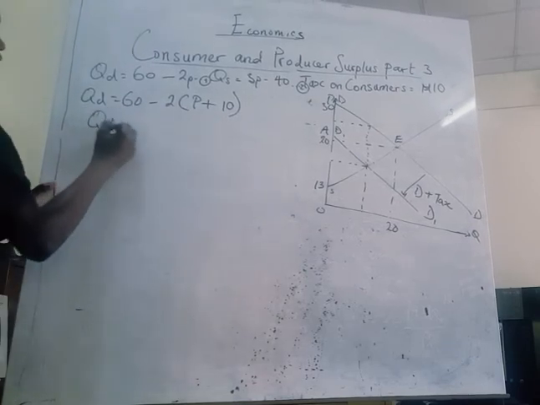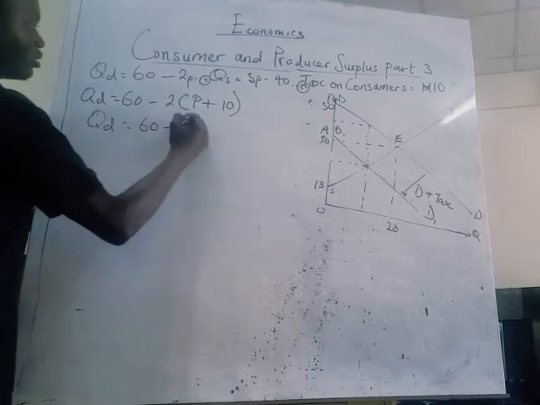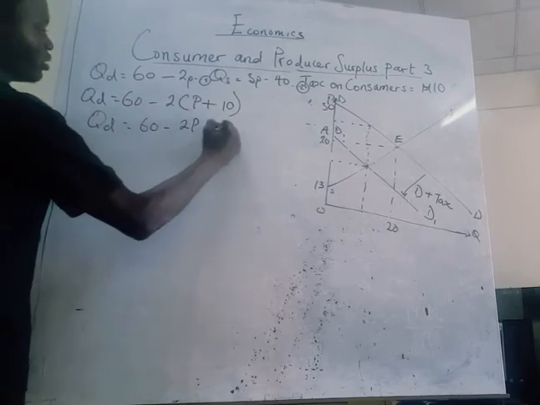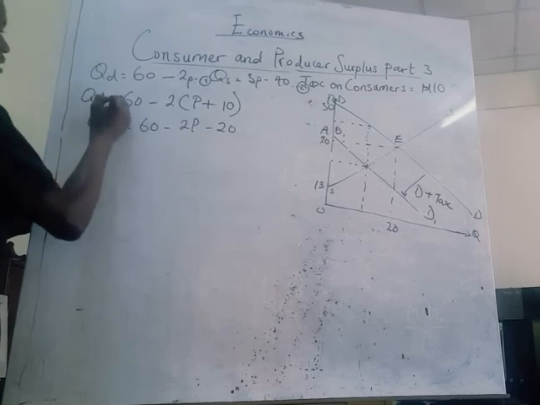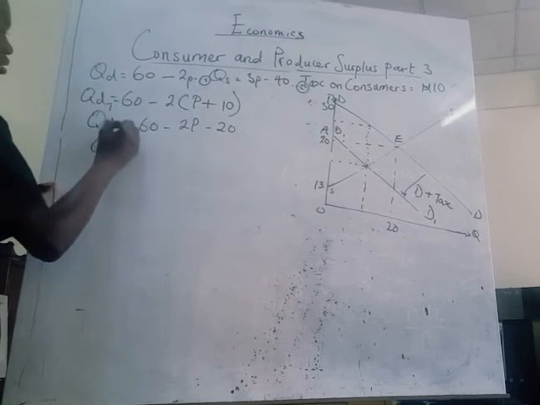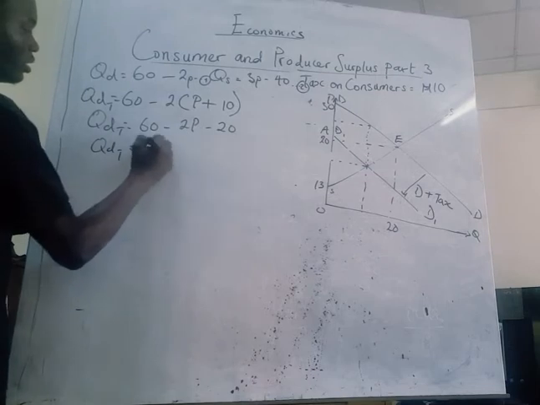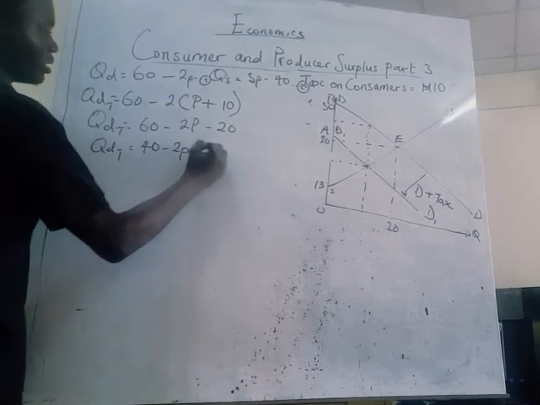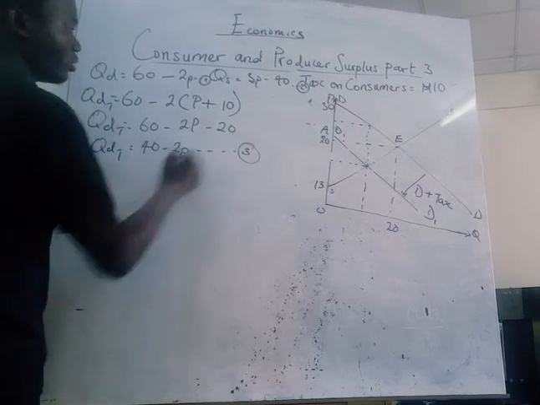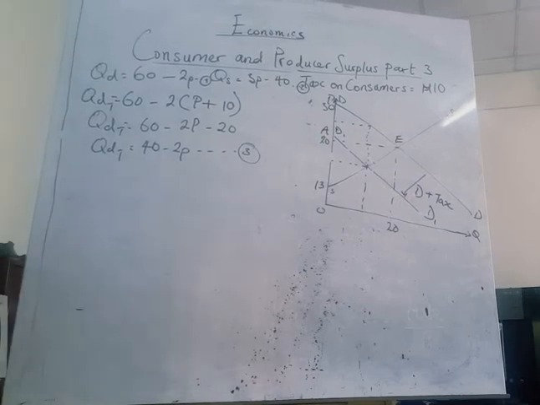So we have QD equals 60 minus 2P minus 20. So let's name this QDT, quantity demanded after tax imposition. So this is 40 minus 2P. And this is going to give us equation 3. Very good, equation 3. So what are we to do here?